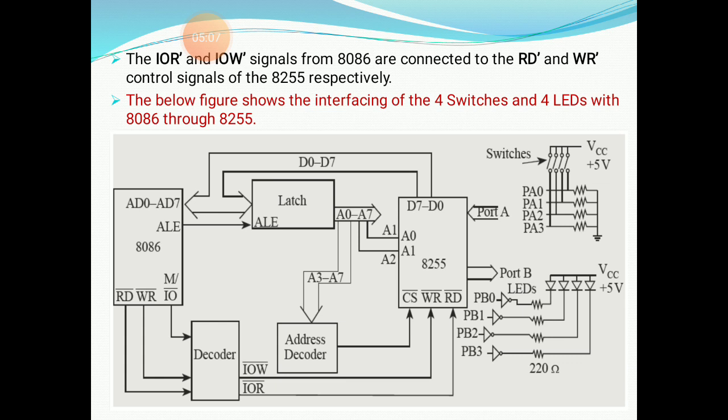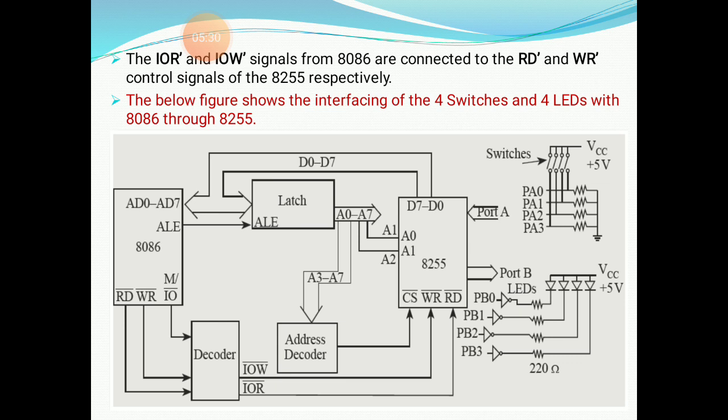In 8086, the multiplexed address and data lines AD0 to AD7 are separated by using the ALE signal; a latch is used to demultiplex the address and data lines by using the ALE signal. We know that ALE is address latch enable.